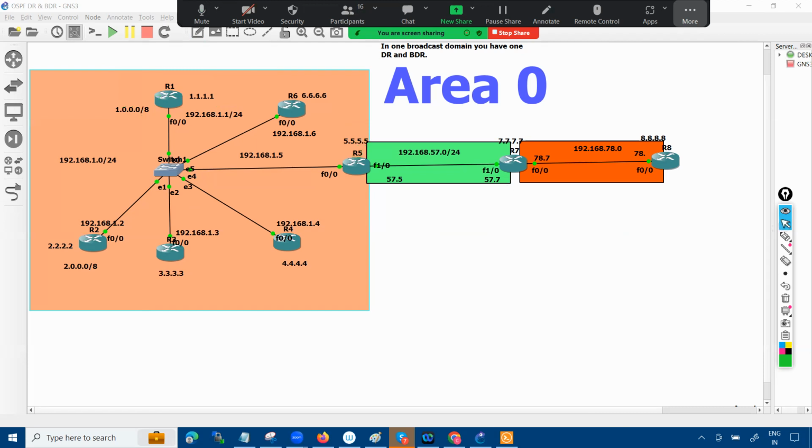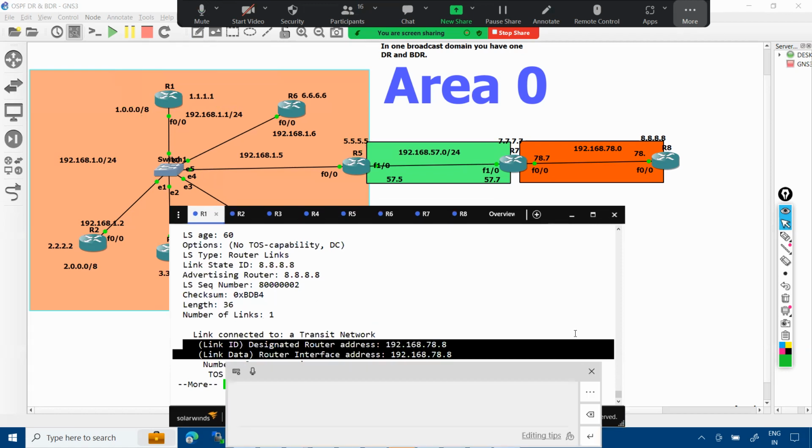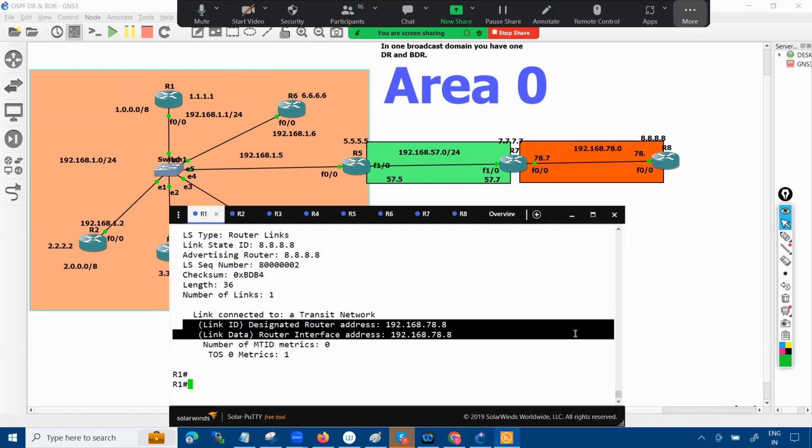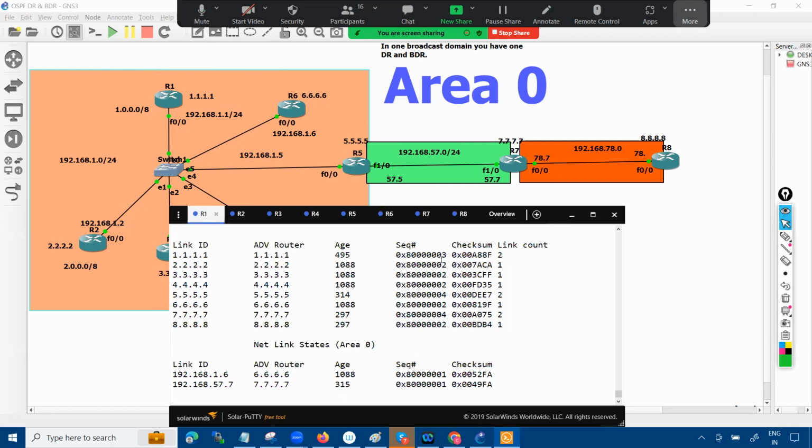If you see right now, on router number 1, I have, let me show, the IP OSPF database. On router number 1, for router 5, the sequence number is 4, and the checksum is the last one, EE7.